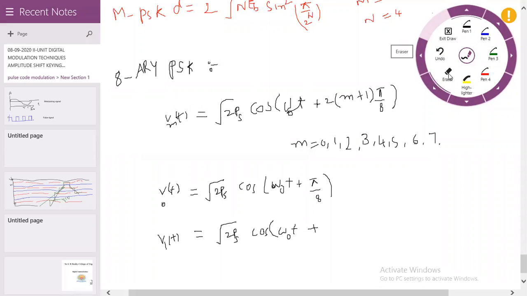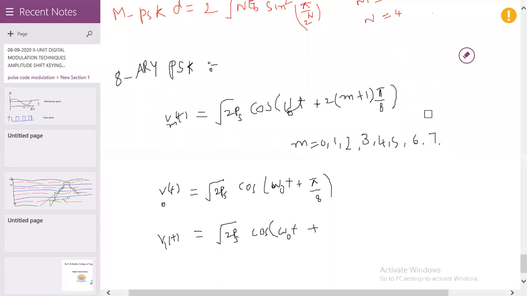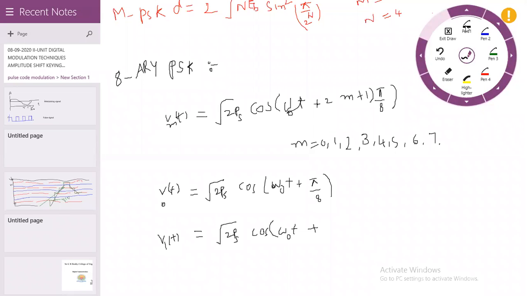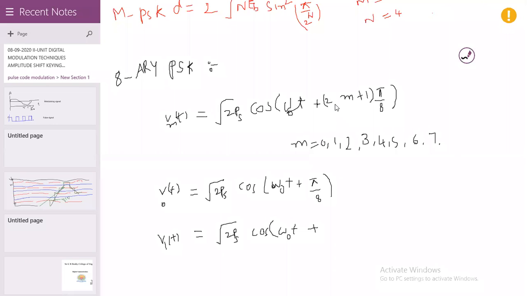Look at the equation once. Two m plus 1 pi by 8, m is equal to 1, so 3 pi by 8.